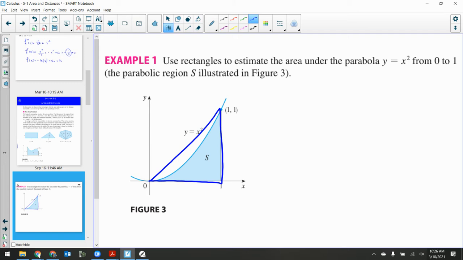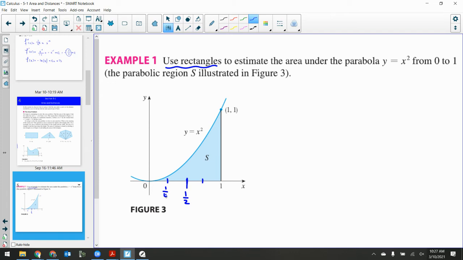Okay? So what we're going to do is keep breaking this up into shapes. Well, it says to use rectangles, and I do what I'm told. So let's use rectangles. What I'm first going to start off with is breaking this up into 4 different pieces. This is 1/2.